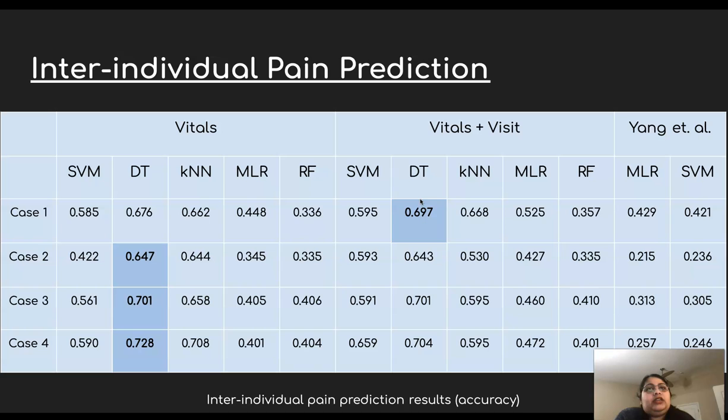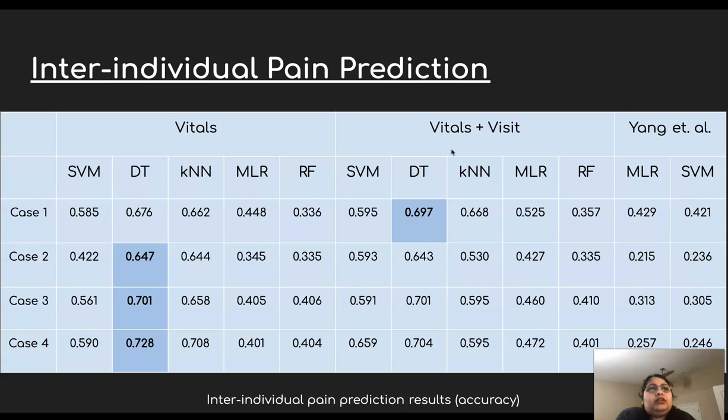However, in real-time scenarios, when a new patient visits a hospital, intra-individual level models cannot be applied until sufficient data is collected. We report the inter-individual pain prediction results for 47 patients in the table here.